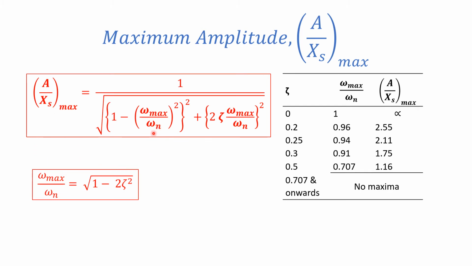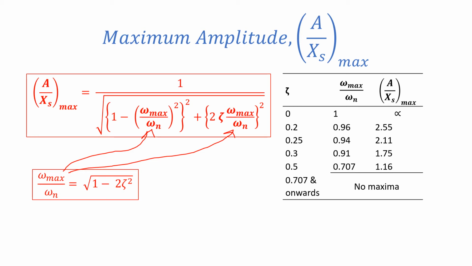So the terms here got changed. Omega by omega n, we put it to be omega maximum to omega n. Similarly, we put it here. So we have got this relation.